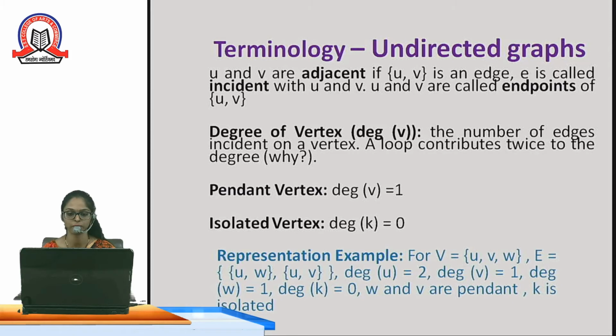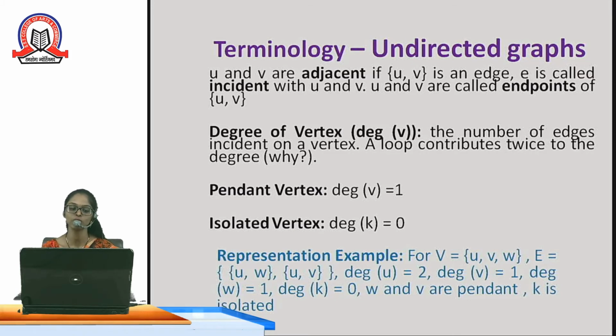Representation of an example. Suppose my vertex set is u, v, w and k, and there is an edge between u and w, and u and v. Then what is the degree of u? Degree of u is 2. Degree of v is 1 because there is only one edge at that vertex. Degree of w is 1 and degree of k is 0.